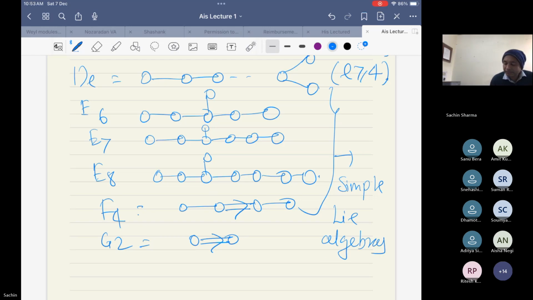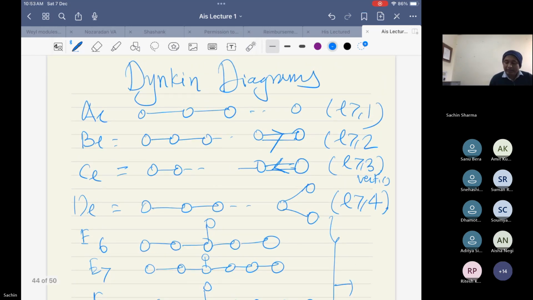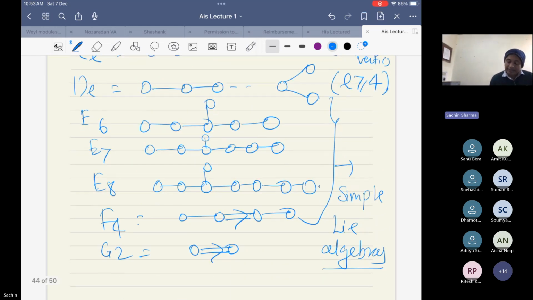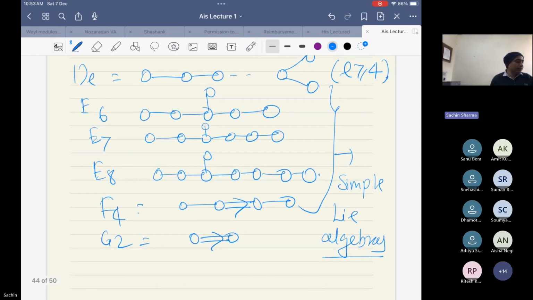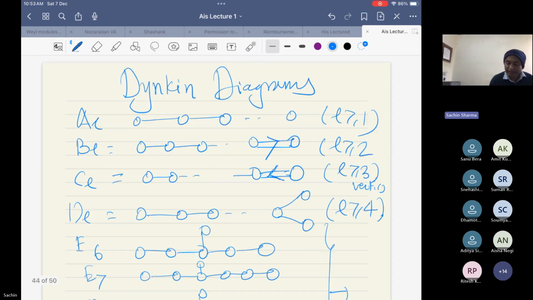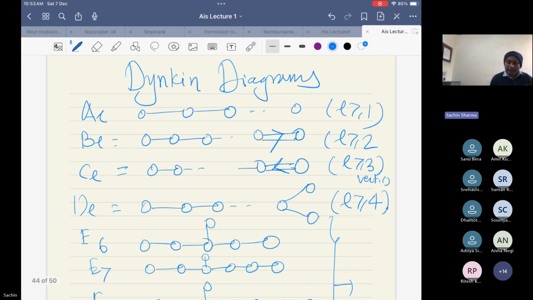Okay. Right. This gives you these matrices, the classification of simple Lie algebras. And as Professor Shraddha introduced, these are the Lie algebras which correspond to these Lie groups, SL_N C, SL_N R, SO_N, and so on.